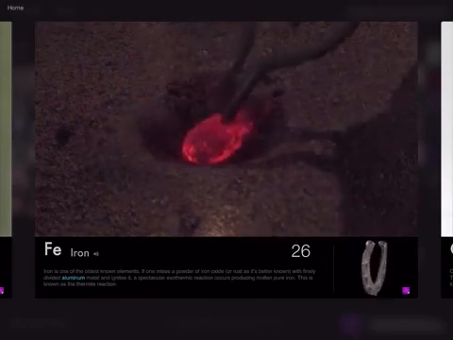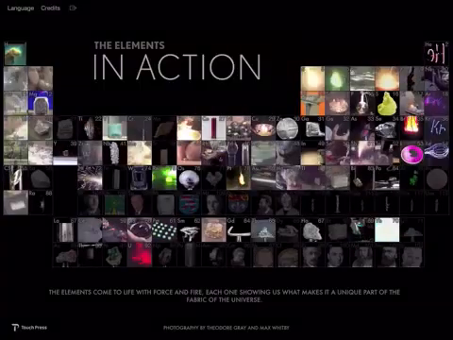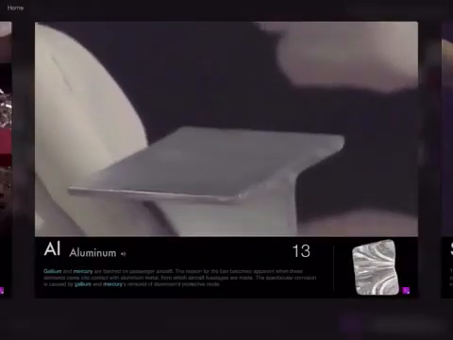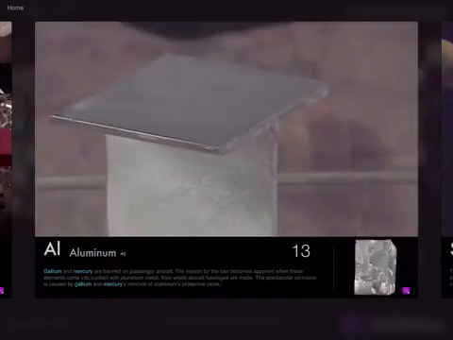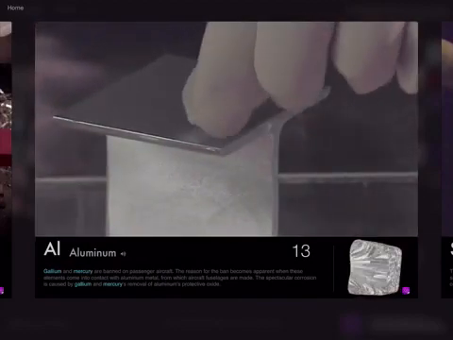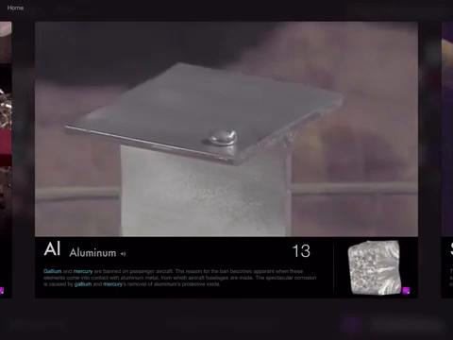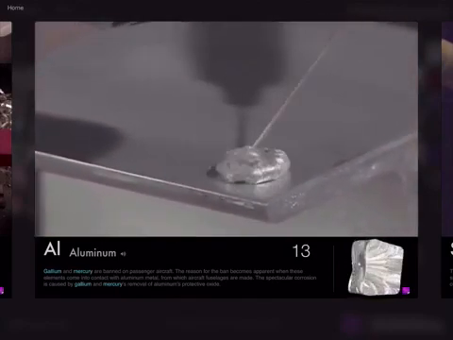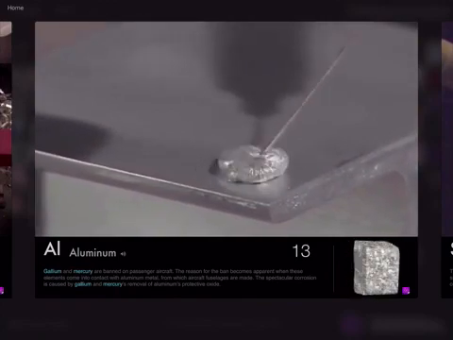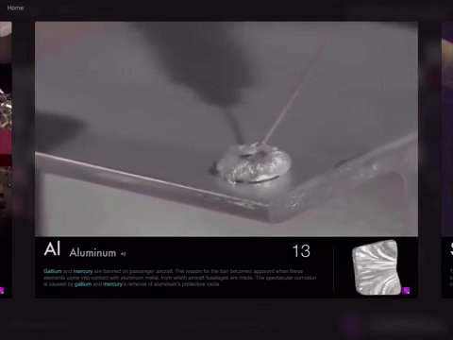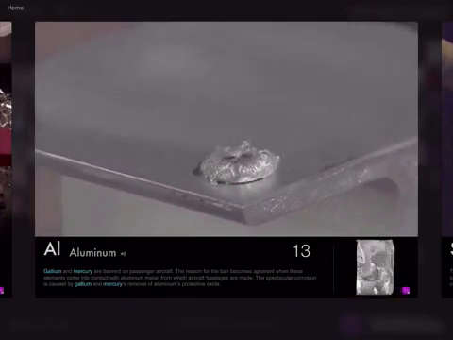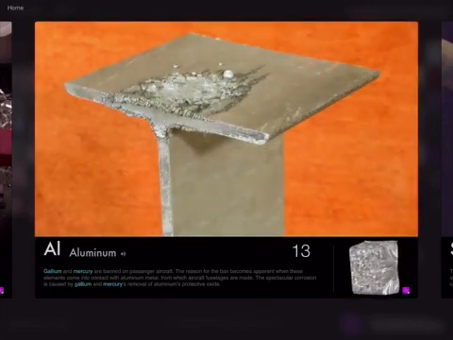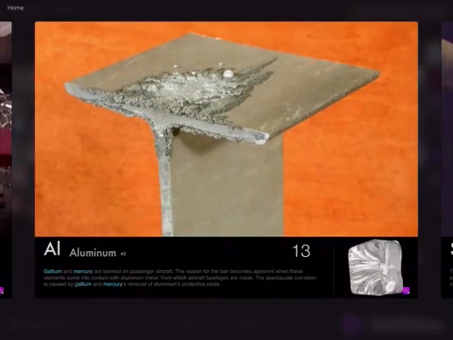Right, do I have a formation? Let me see what aluminum's reaction is. This is just something that's all the different elements. What are they doing? Aluminum. Oh, I didn't know that gallium and mercury are... Oh, wow. That's kind of cool.